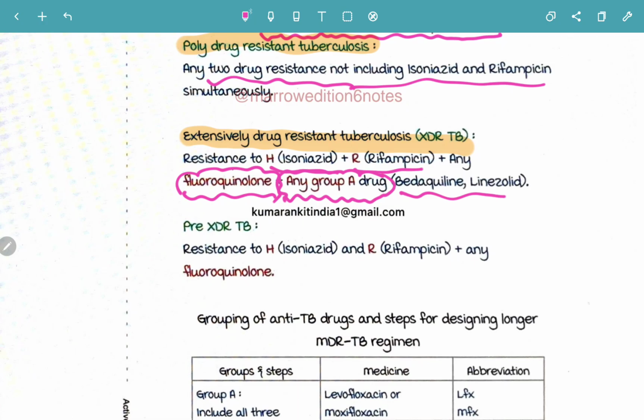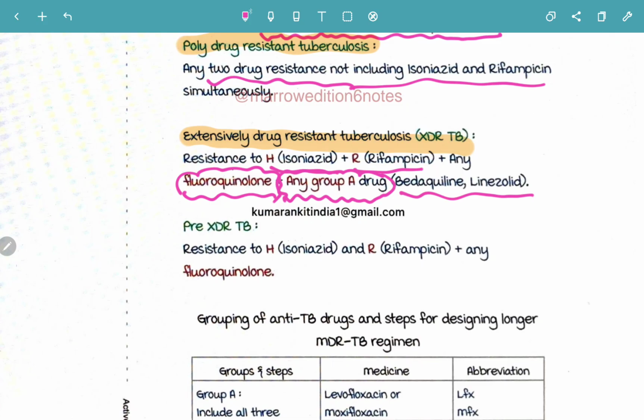That is bedaquiline and linezolid. So what do you mean by XDR-TB? Extensively drug resistant tuberculosis is tuberculosis resistant to isoniazid, rifampicin, plus fluoroquinolones and any group A drug. Group A drug means bedaquiline and linezolid.